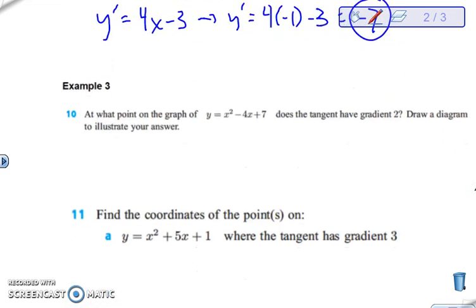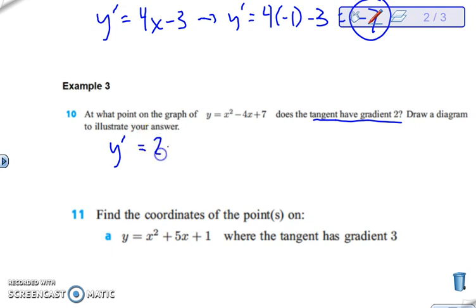All right, so for example 3, I will work number 10 and leave number 11 for you. What point on the graph of y equals x squared minus 4x plus 7 does the tangent have a gradient of 2? So notice, this is the same thing we were just doing, only we got to work it slightly backwards. We know if we want to find the slope, we take the derivative.